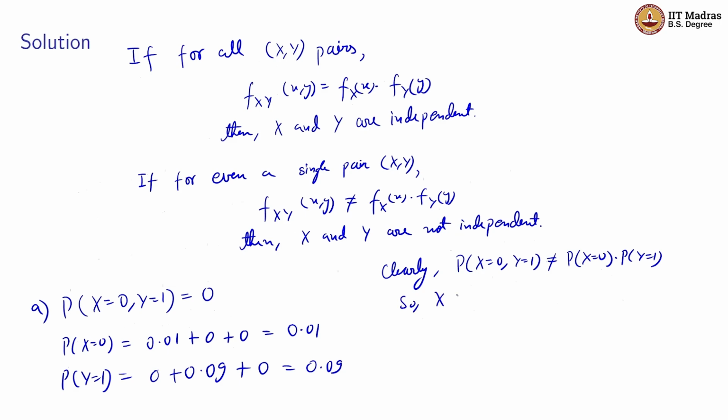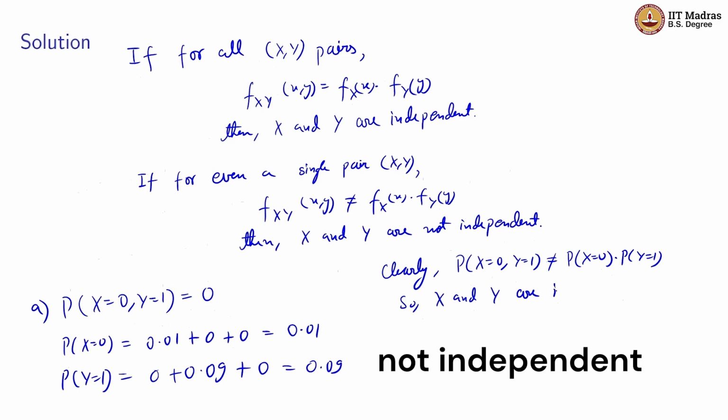So x and y are not independent and option A is not correct. Now let us check second table.